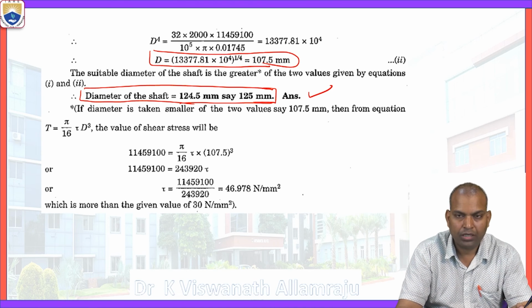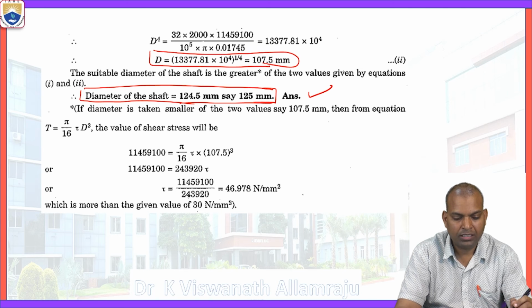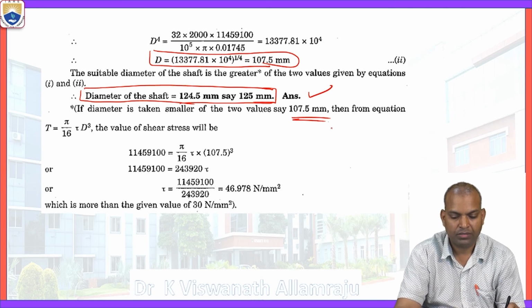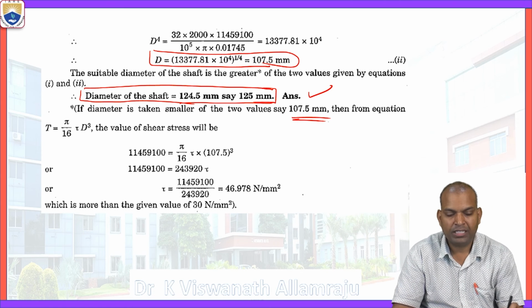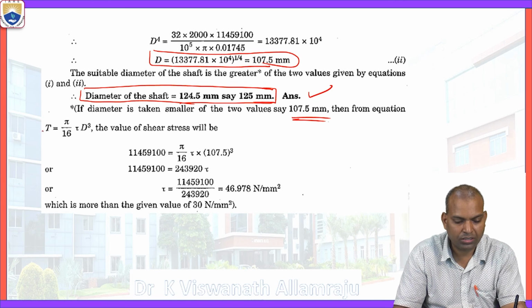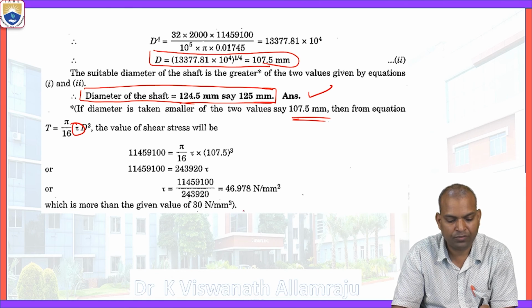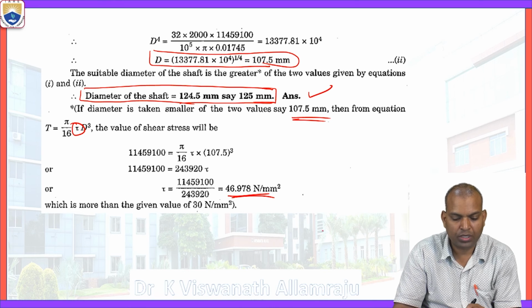Alright. Now, if the diameter is taken as the smaller of the two values, say 107.5 millimeters, from that equation, for the same torque, the shear stress becomes 46.978 Newton per square millimeter.